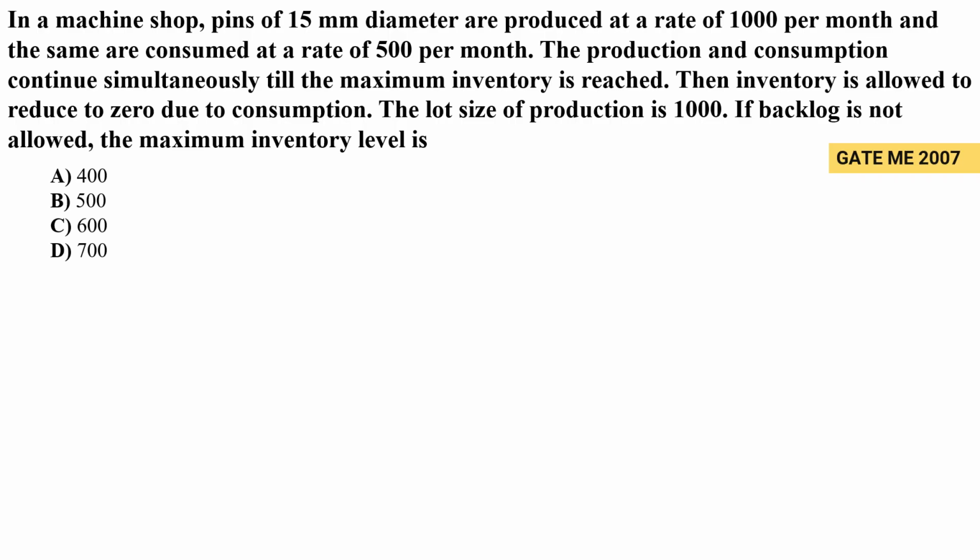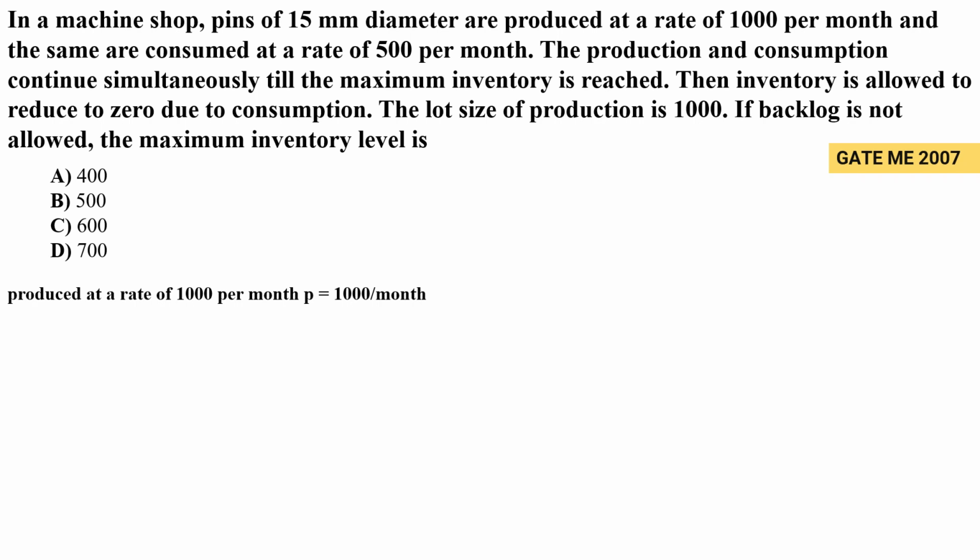Then the inventory is allowed to reduce to 0 due to consumption. The lot size of production is 1000. If backlog is not allowed, the maximum inventory level is option A 400, option B 500, option C 600, option D 700. So let's see the solution.